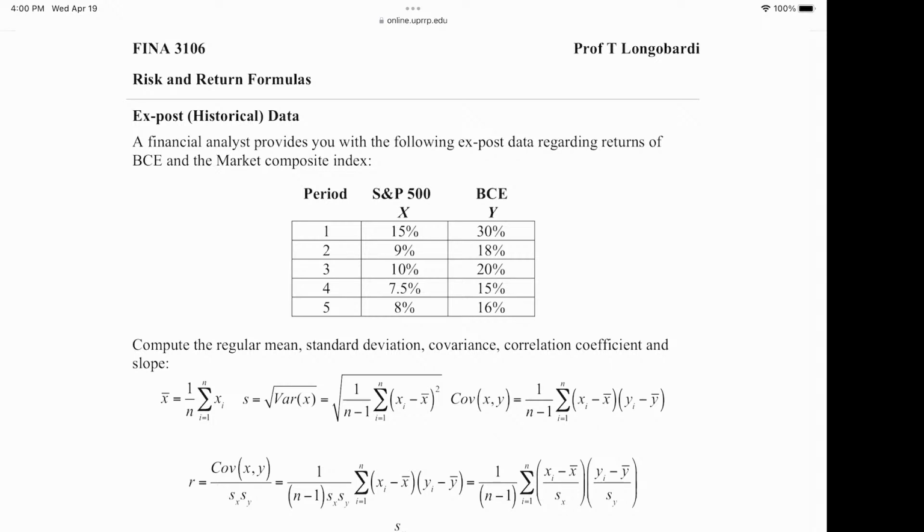And why did I do it like that? Why didn't I make BCE Y and S&P 500 X? Does anybody know? Sorry, Gabriela, I'm reading your comment. Don't be nervous. I have your best interest at heart.